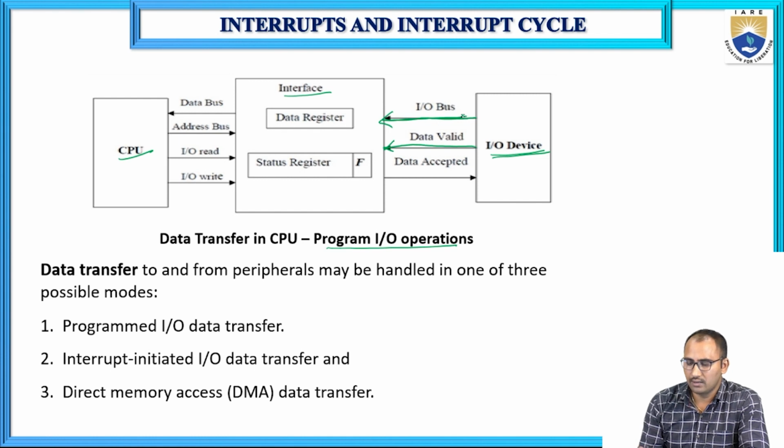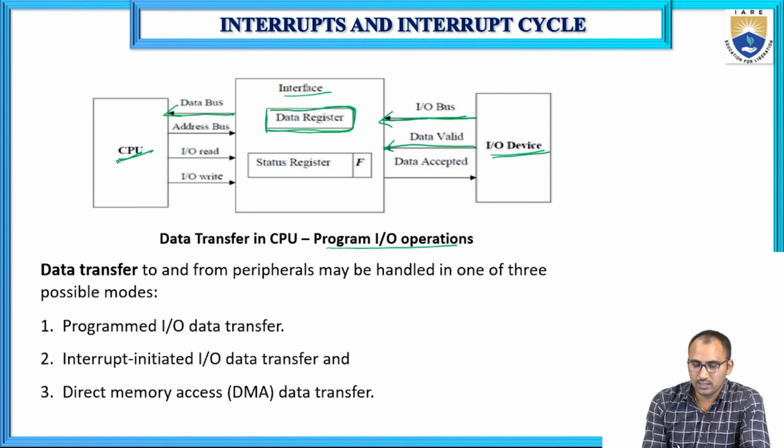After that, the data which is available on the IO bus will be placed in the data register. Then that data register will be accepted by the CPU using the data bus.